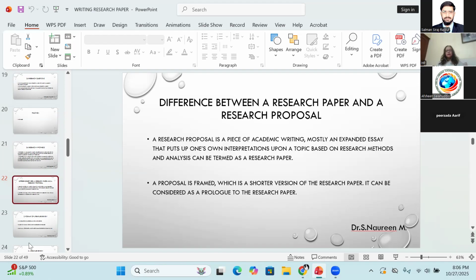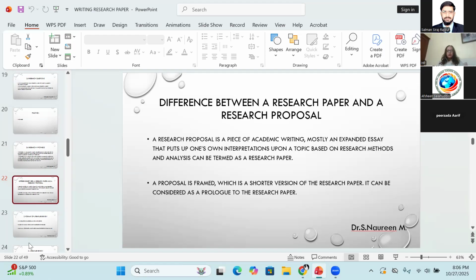And going backward, writing a research proposal is the first thing. So you can say that these are offshoots of the same thing. We start with the proposal writing, which we discussed in detail in the earlier session, then we moved on to the dissertation writing, and now finally the research paper writing.